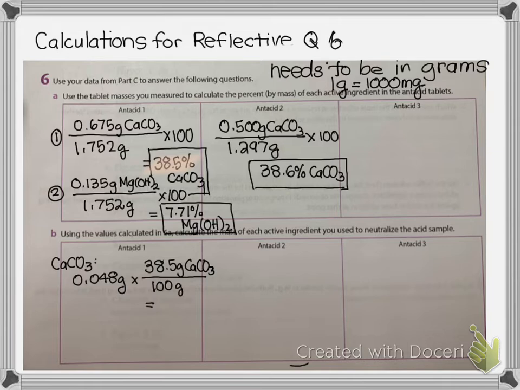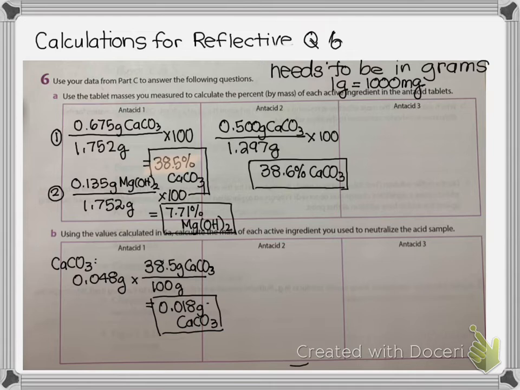So 0.048 times 38.5 divided by 100, and I get 0.018. So what I calculated is I need 0.018 grams of calcium carbonate to neutralize my sample.